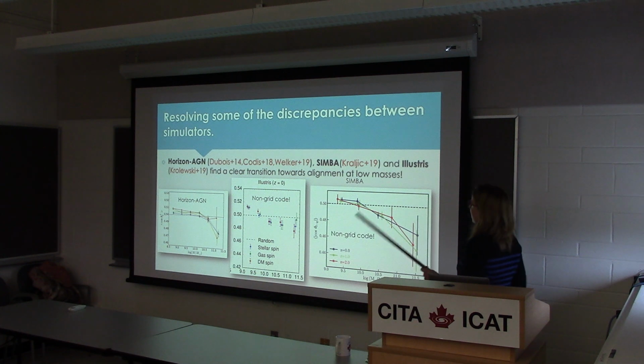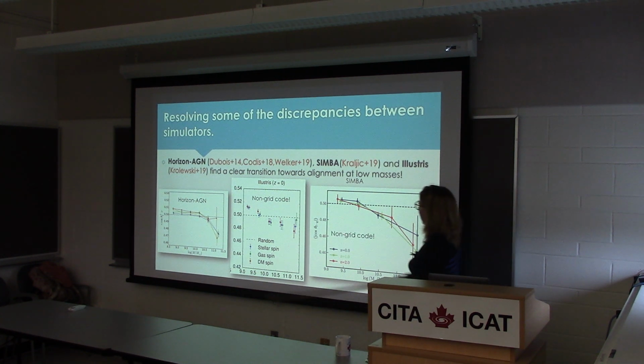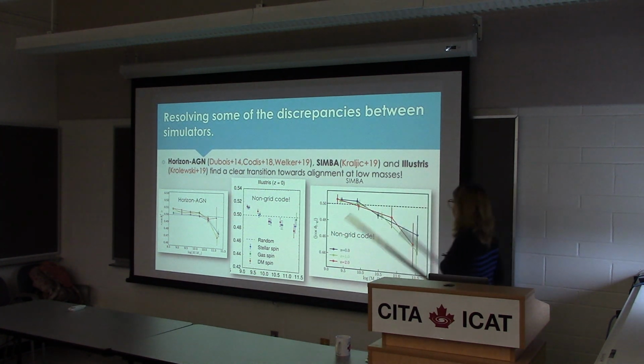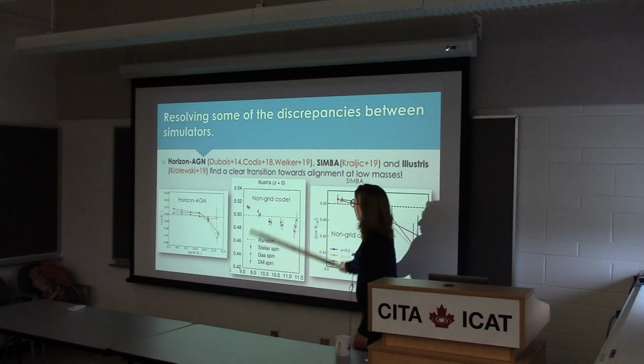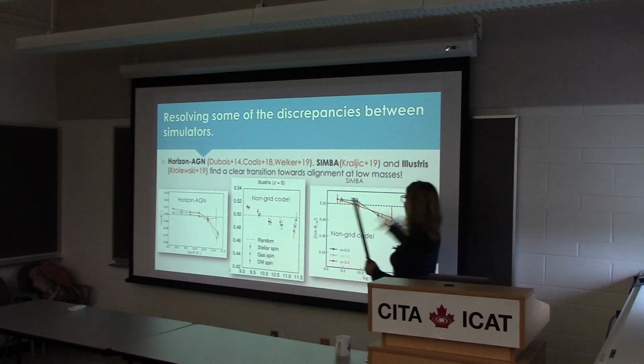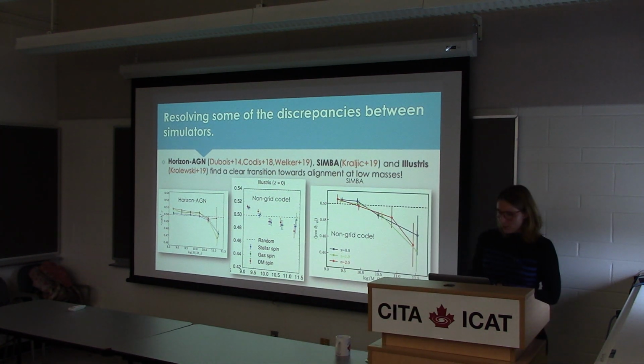But this is an example. In Horizon-AGN, Illustris, and Simba, three big hydro simulations using very different methods to compute the hydrodynamics, you do see the full trend going from orthogonal at high mass to parallel at low mass, with a wealth of different transition masses.